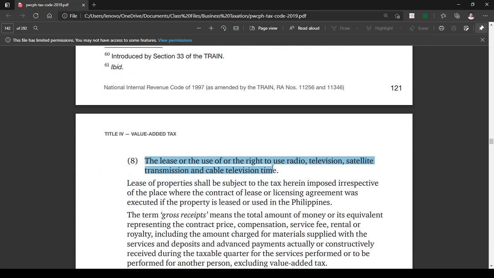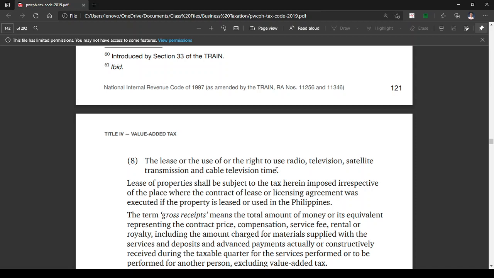Lease or the use of radio time. Okay, so for example, merong isang agreement ang isang kumpanya at ang isang radio franchise na mag-air ng commercial. Okay? That is a use or that is a lease of radio time. Right? So, binibigyan sila ng time para maipahayag yung gusto nilang ipahayag sa radyo.